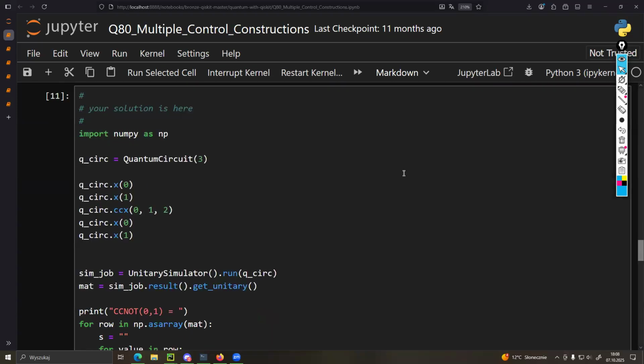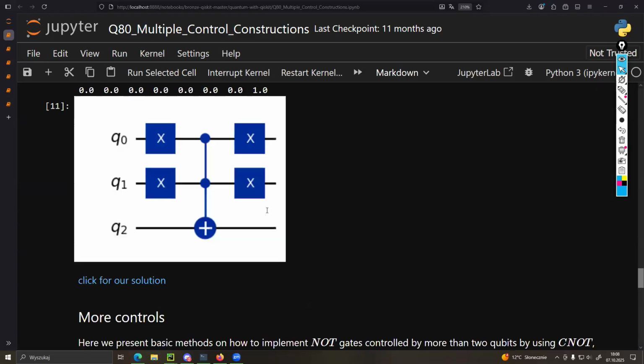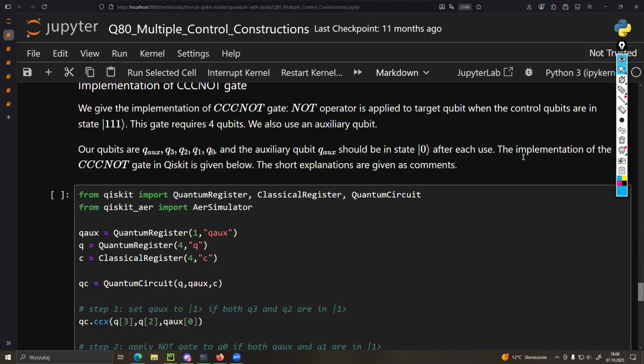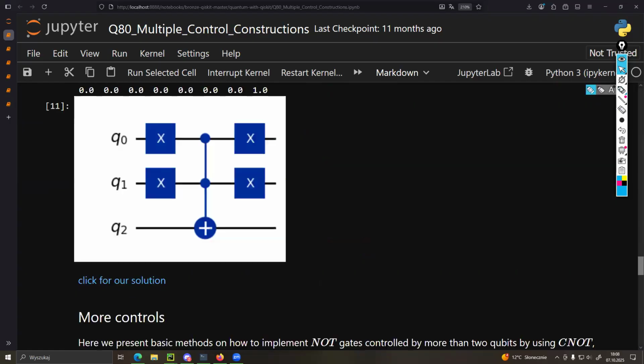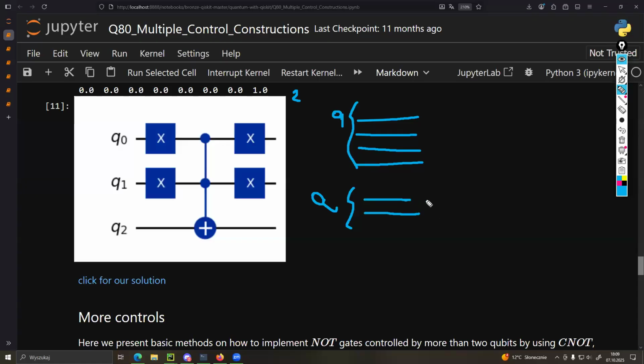For example, I told you there is a notation where, when you have more than 2 control qubits, you reserve something like an ancilla register, right? And you make operations on this register.